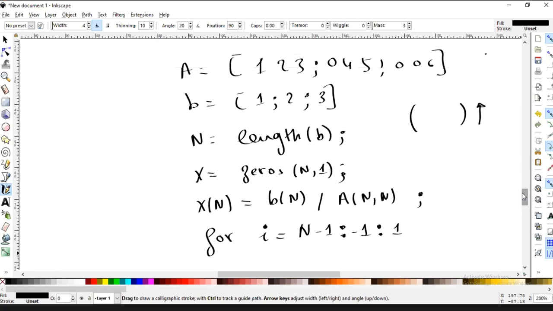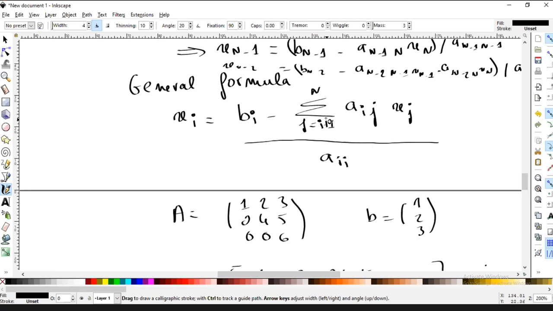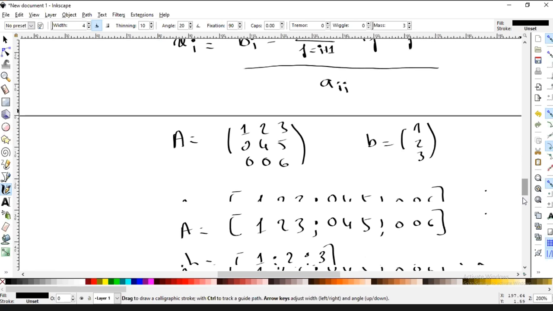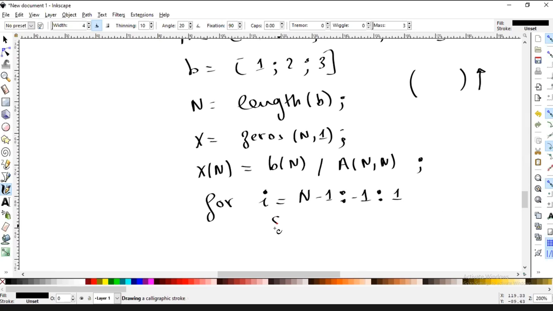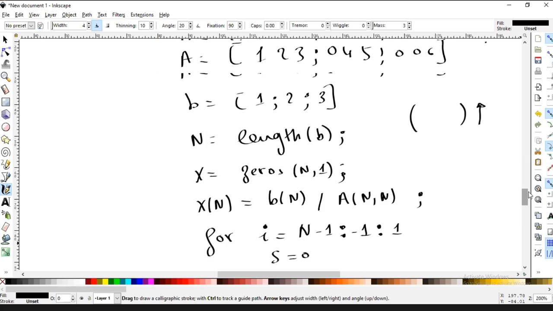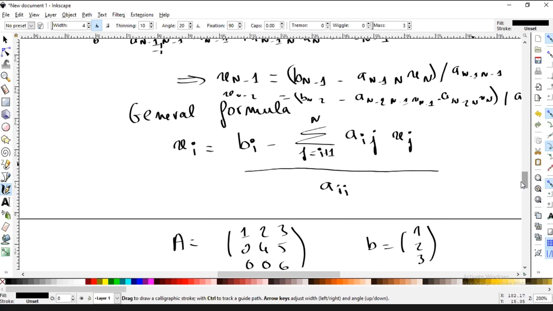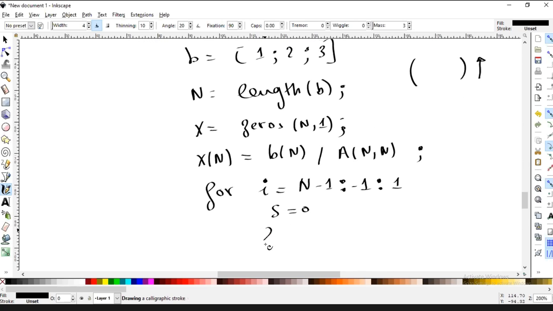So now we need to apply this: it's this minus this sum. In order to calculate this sum, I will use another for loop. Here I will set s equals 0 to initialize this sum, right? And then I will use for j equals i plus 1 till n.